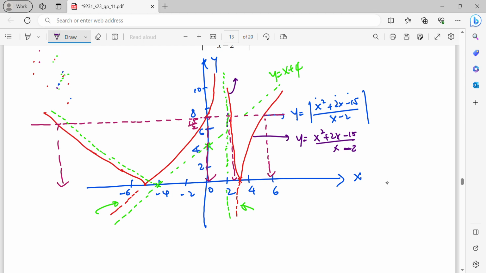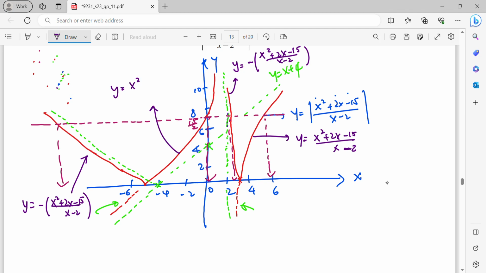This is the reflected graph. When reflected, we need to multiply the original graph by a negative. And this is a reflected graph, so it is a negative. And here is the original graph. It means I will get 2 intersection points for the original graph and 2 points for the reflected graph.